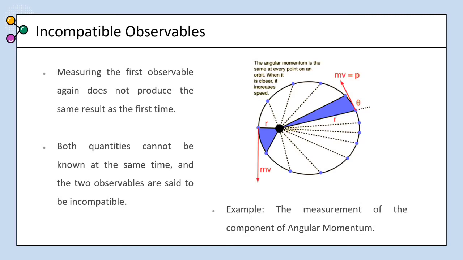Measuring the second observable disturbs the system, and the state of the system is no longer one of the states of the first observable. In general, measuring the first observable again does not produce the same result as the first time. To sum up, both quantities cannot be known at the same time, and the two observables are said to be incompatible.